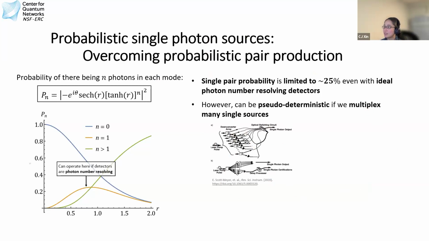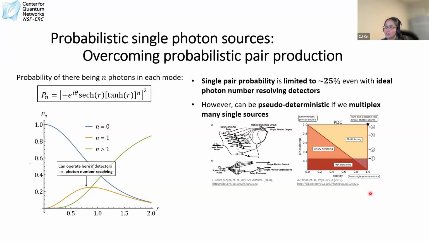Assuming you have these ideal photon number resolving detectors with no loss, in order to get to about 99%, or what is determined to be quasi-deterministic, you need close to 20 sources. You can check out this paper by Christine Silberhorn's group.